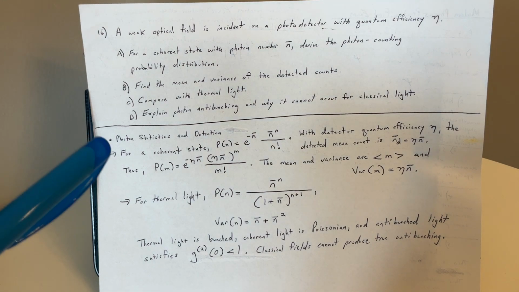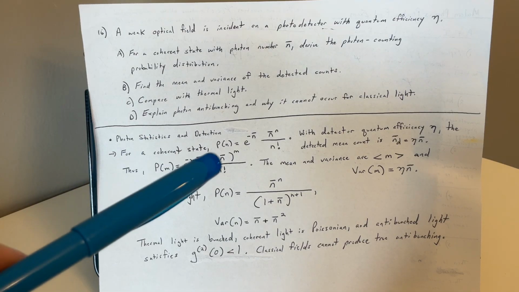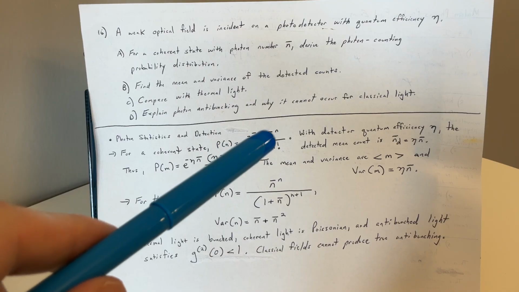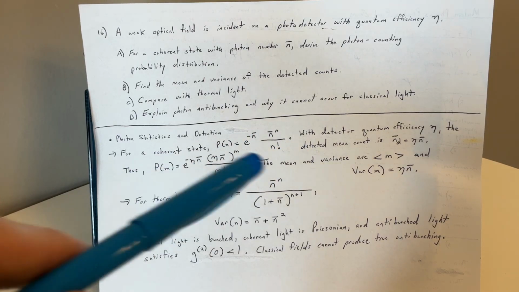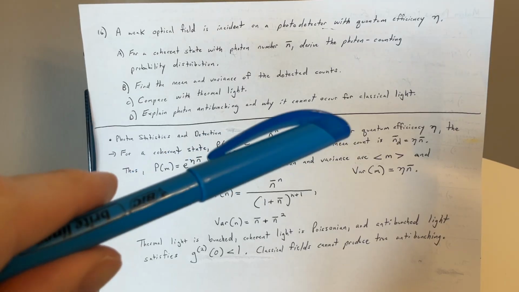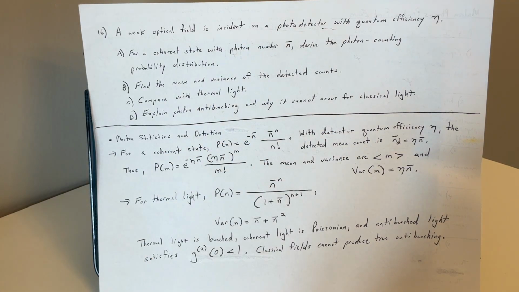So for a coherent state, we get p of n equals e to the negative n bar, n bar to the n over n factorial. With detector quantum efficiency eta, the detected mean count is eta n bar.